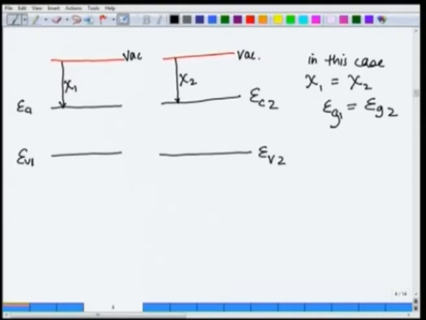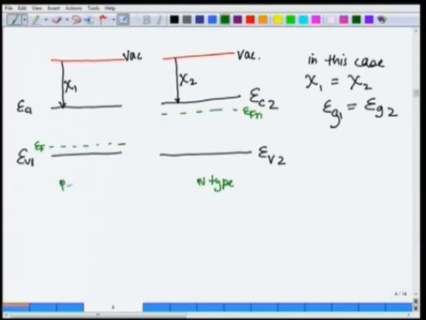Only difference is, let us say one of these materials is p doped. So, here is the Fermi energy and here is the Fermi energy for this particular material. All right. Now, since this is different, we are going to give it a name. This material of course is n type. So, we have the Fermi energy EFn on the n side.